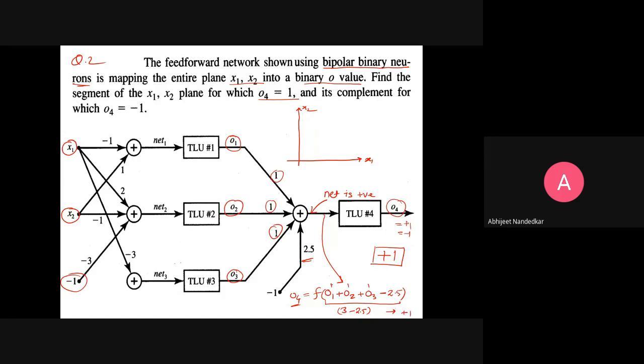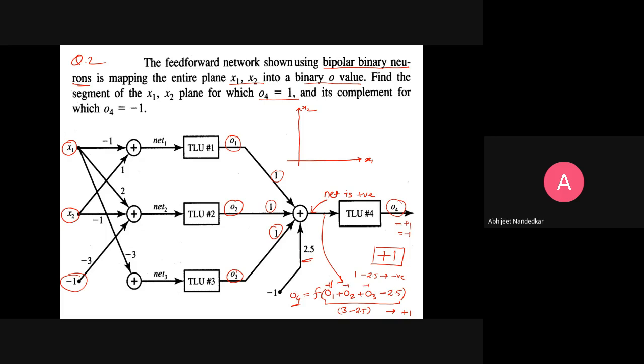Now if any one of these previous neurons is producing -1, what will happen? This will be giving you some 1 minus 2.5. Then this will be a negative number, so this will not fire. Suppose this is +1, this is -1, still it will not fire.